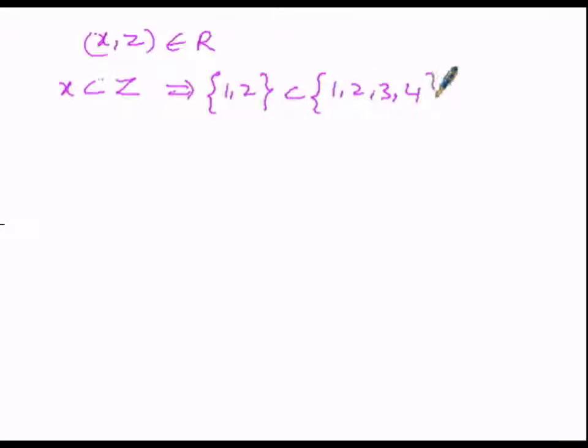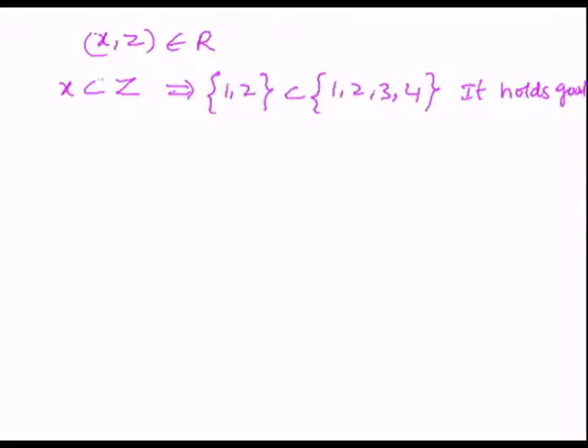The first set elements 1 comma 2 are also present in the second set, therefore x is a subset of z. So it holds good. In all three cases it holds good.